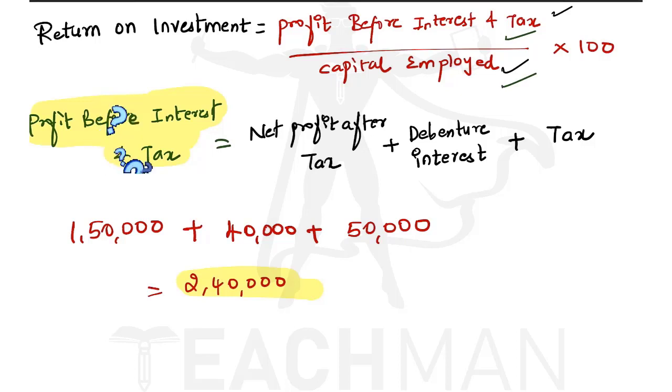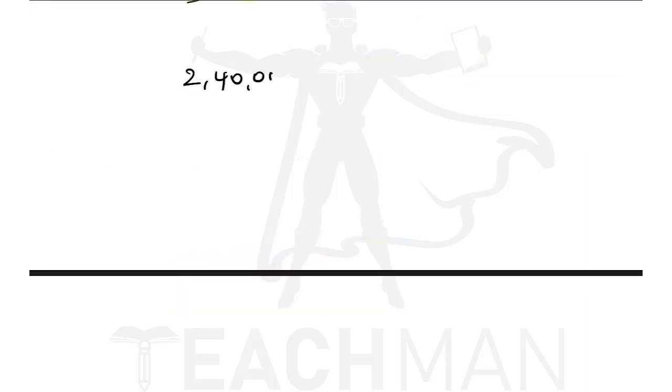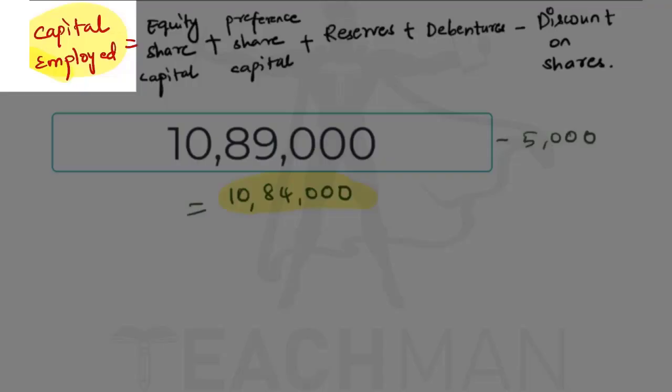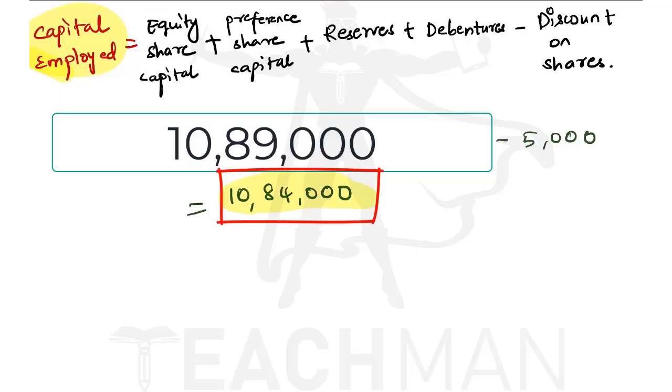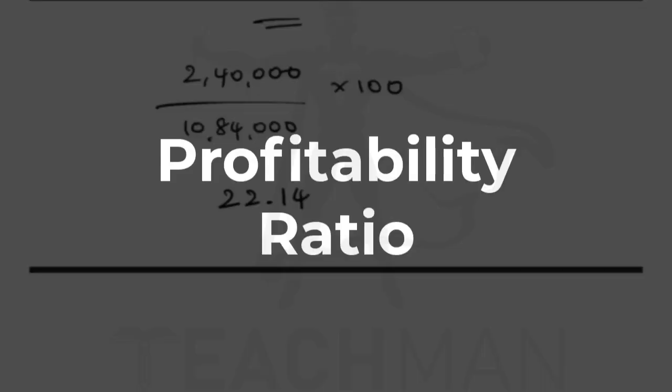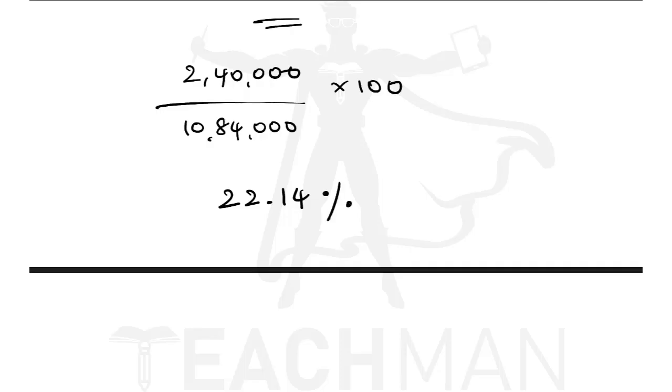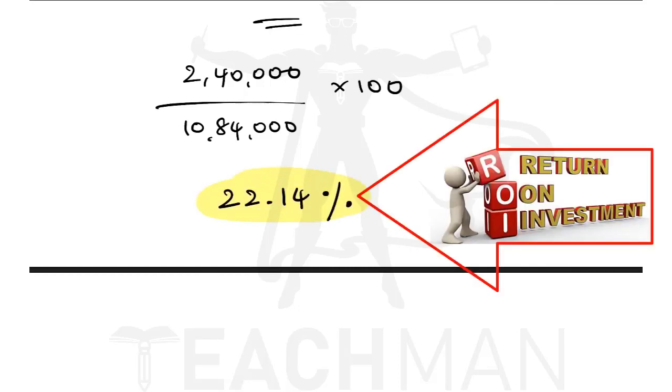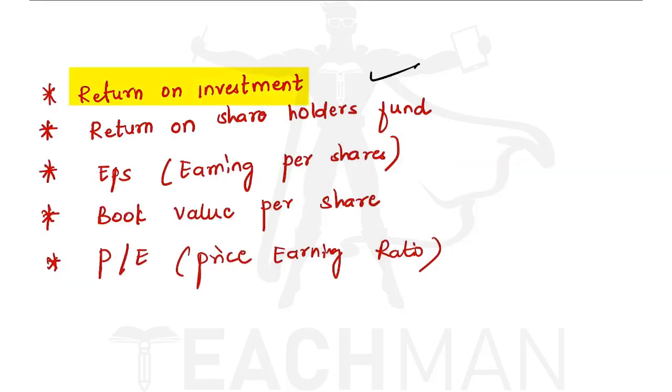So what is profit before interest and tax? It is 2,40,000. 2,40,000 divided by capital employed is 10,84,000 into 100 is 22.14. Since it is a profitability ratio, we will put percentage at the end. So we have got the value of return on investment. Okay. So we are done with return on investment.